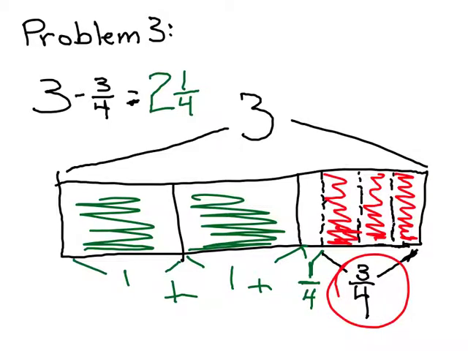So we do that real quick. We had 3 minus 3/4. So if we had 3 pizzas and we ate 3/4 of one of those pizzas, this is what we'd have left over. We'd have 1 pizza, 2 pizzas, and 1/4 of the third, for a total of 2 and 1/4 left over.